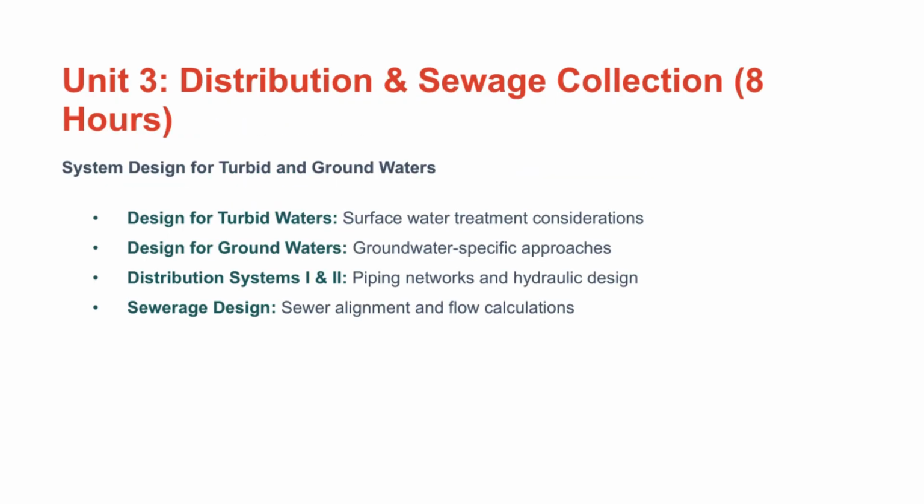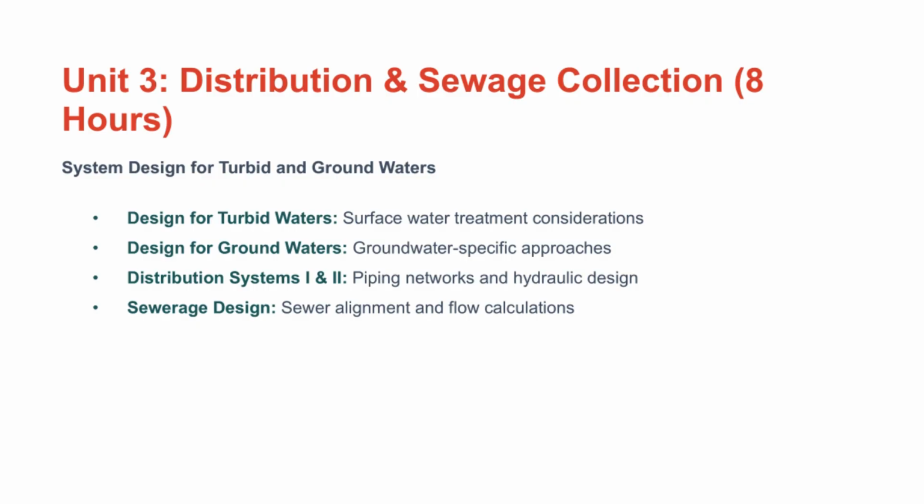And in unit 3, we will be understanding the distribution systems, different types of distribution systems, how to design the distribution system, and what the different layouts of the distribution system are. Apart from that, we will also be studying the collection of sewage, different sewerage systems, and different aspects of domestic sewage.